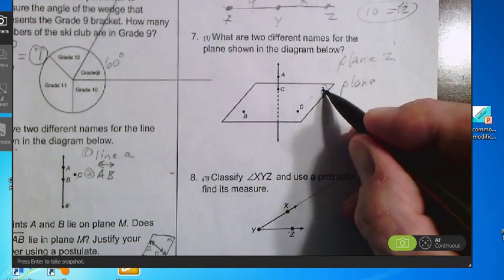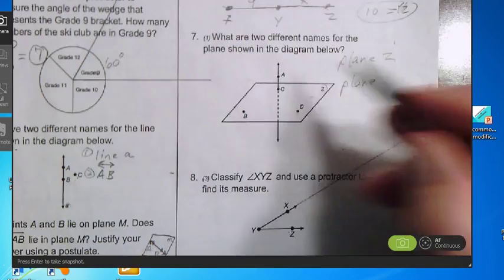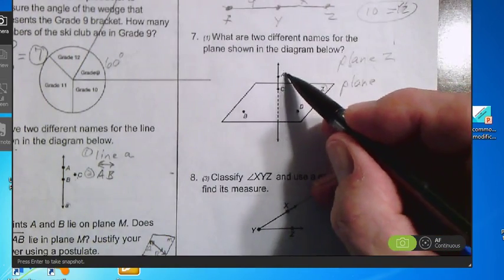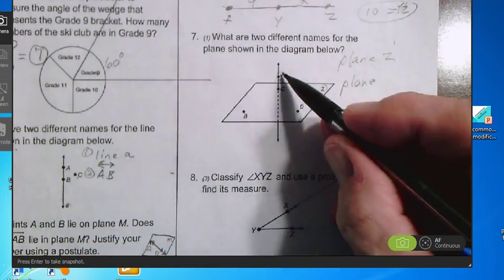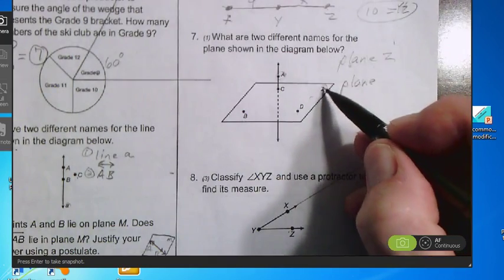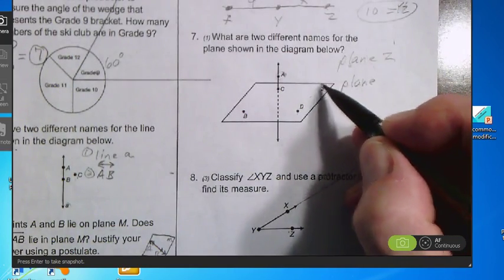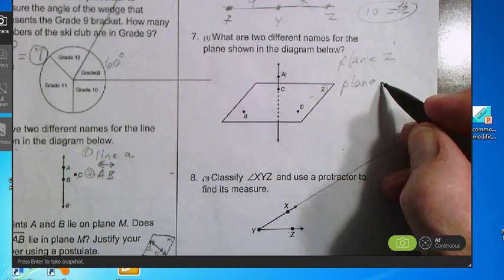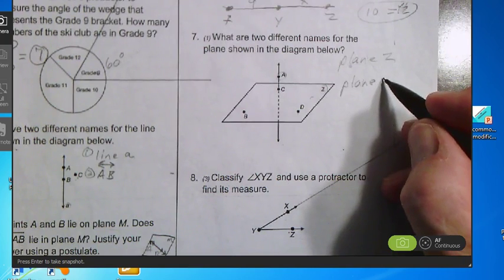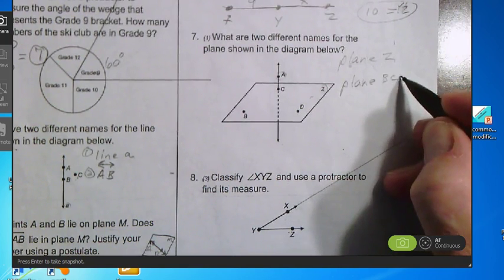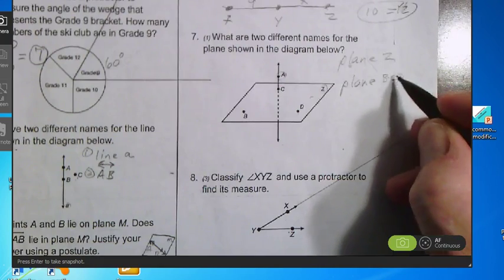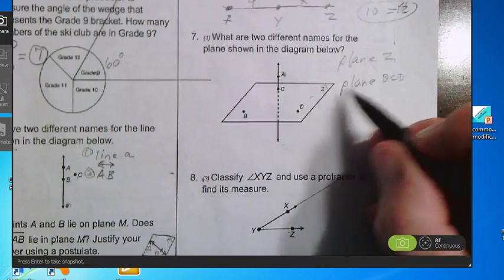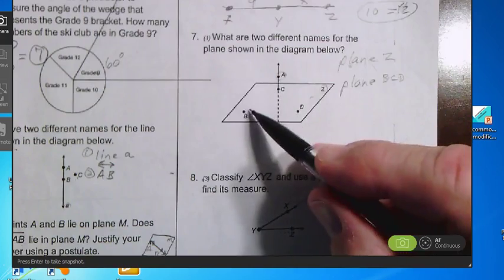You would not use that, and you would not use that. This one is not on the plane. It's non-coplanar. This is not naming a point, but the plane itself. So you could name this plane BCD, or use any arrangement of these letters to name the plane. And remember, they are non-collinear.